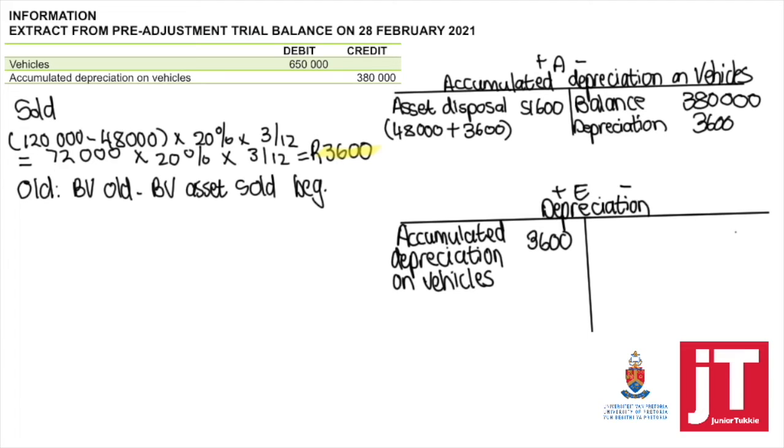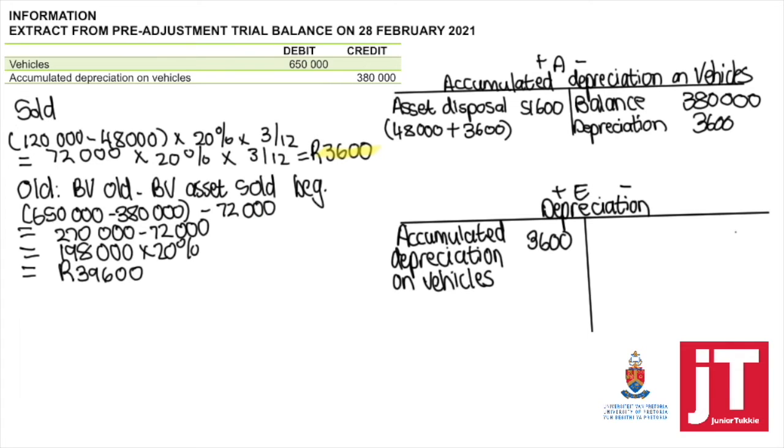The method I use, we get the book value in the beginning minus the book value on the asset we disposed of in the beginning. This means 650,000 minus 380,000 is the book value in the beginning minus the book value on the asset which I disposed of in the beginning, 72,000, which we've already calculated, and now we can times it by 20%.